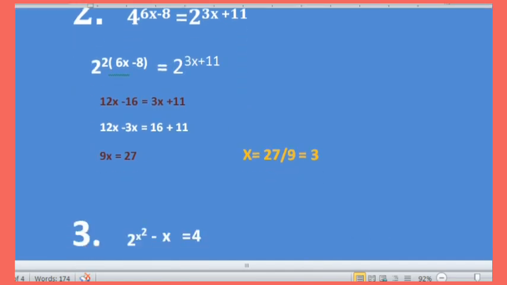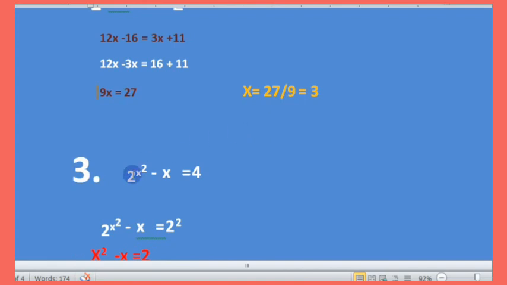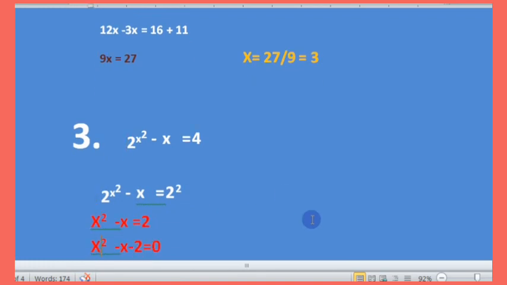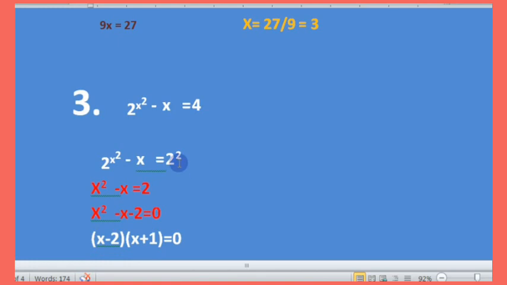Okay. The third equation says 2 to the power of x squared minus x is equal to 4. Now the right side of the equation will be changed into 2 to the power of 2. Now these two parts have the same base, so we would make it x squared minus x is equal to 2, like what we have done before.